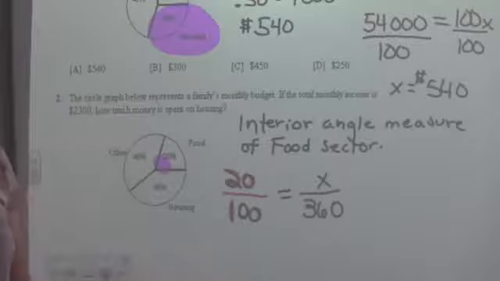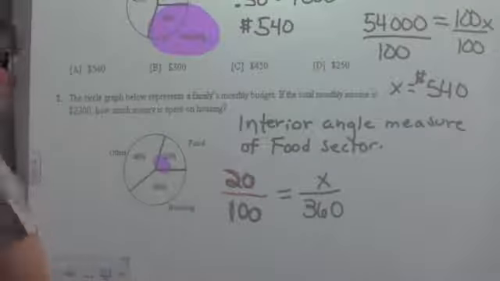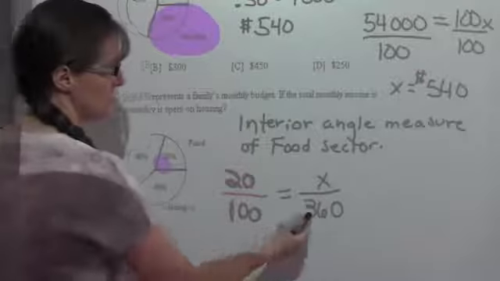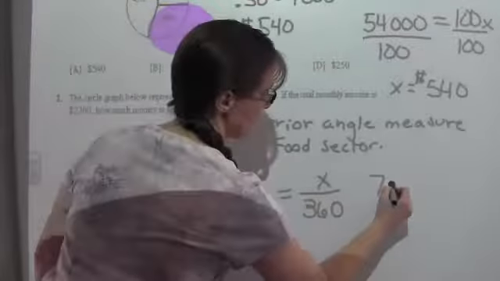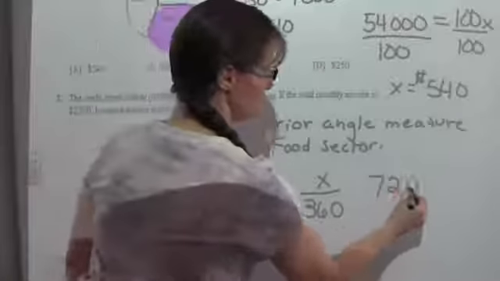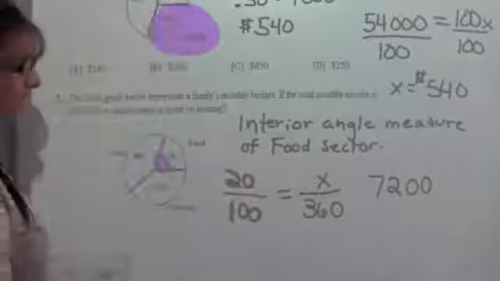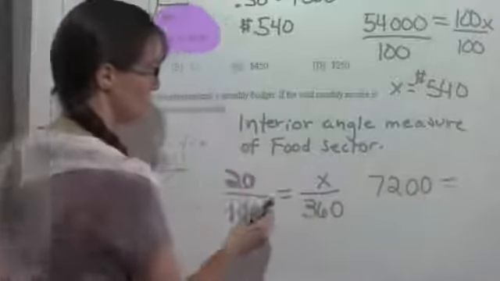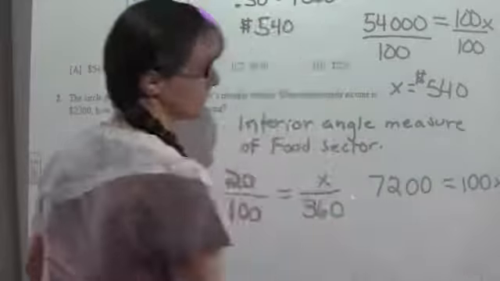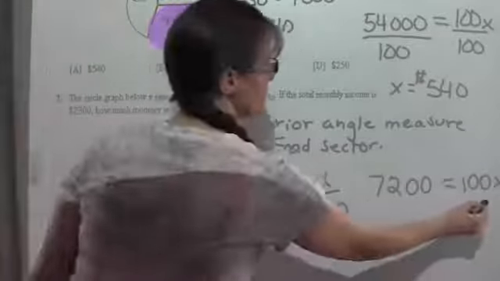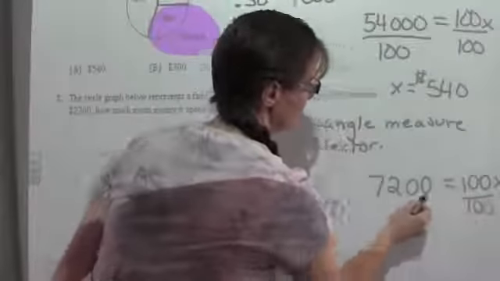So at this point, we're just ready to solve a proportion. Cross multiply and divide. So 20 times 360 is going to be 7,200. And that's going to equal 100 times x, which is 100x. Divide both sides by 100.